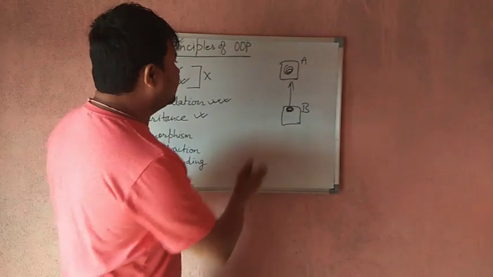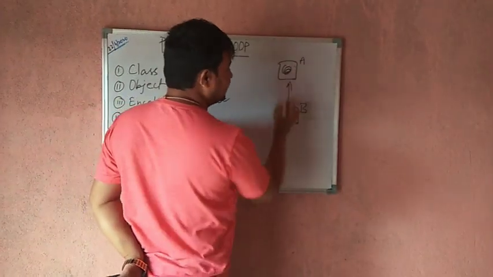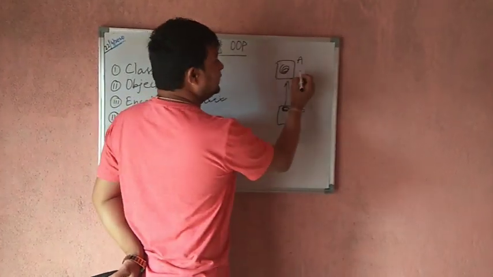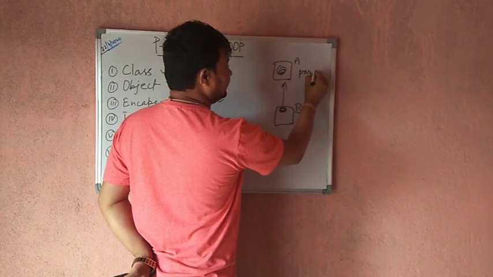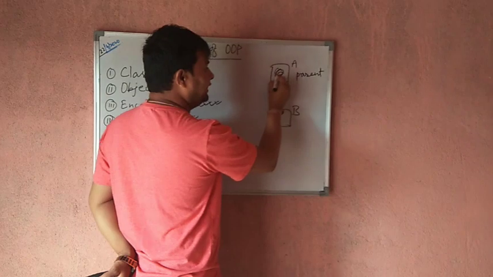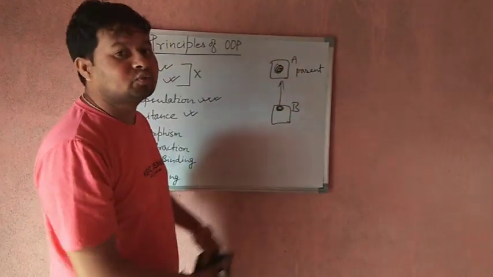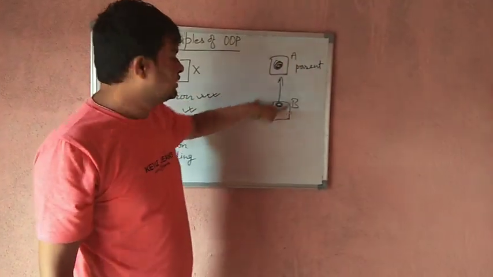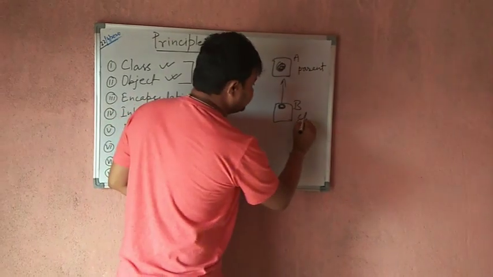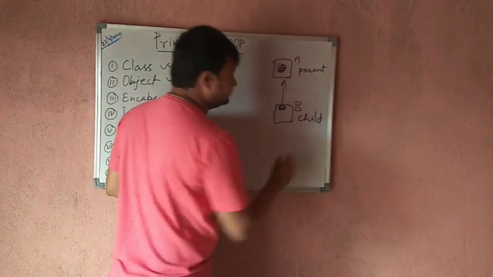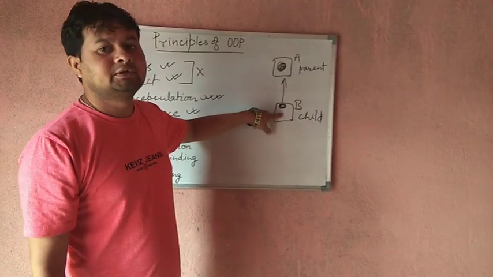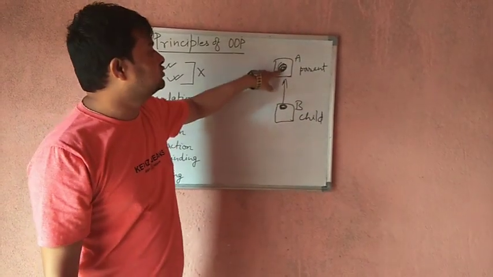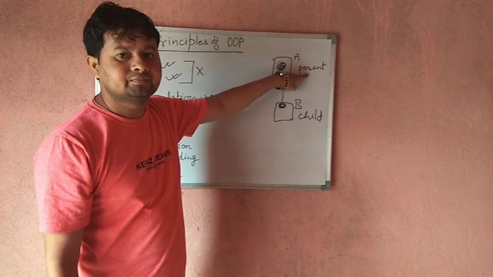Now, here I am talking about two classes. This is one class, this is another class. This class who is providing his facilities, that is called parent class. It means this will be child class. A child class is using the facilities of parent class.